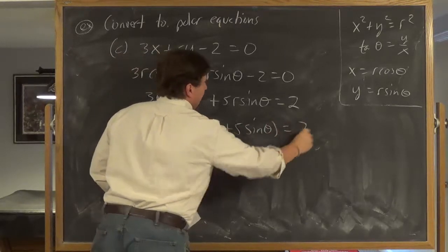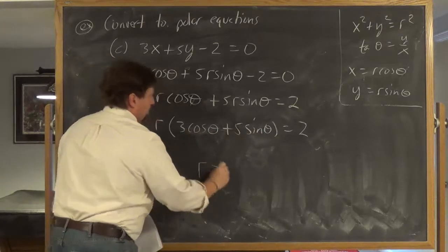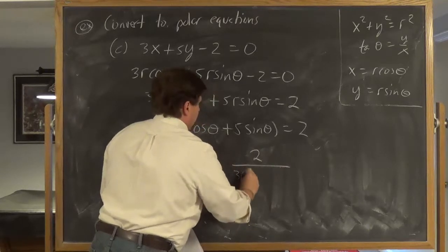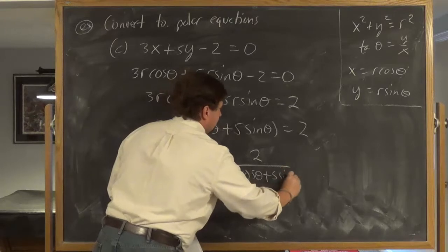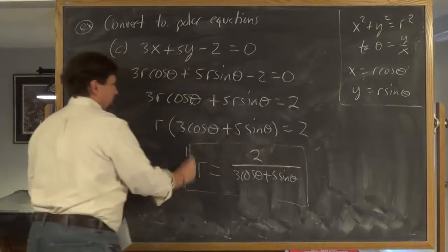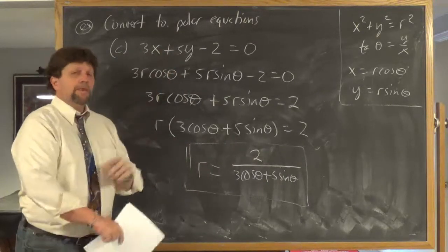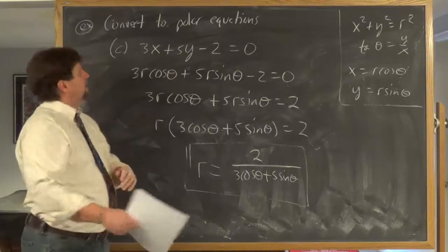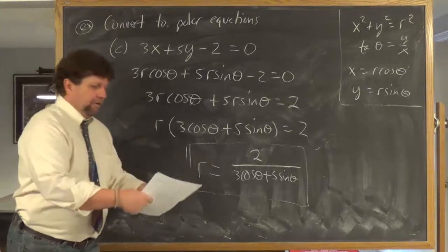And then once I factor out the r, I can divide both sides of the equation by 3 cosine theta plus 5 sine theta. And that's where I would stop. That's my polar equation that's the same as that rectangular equation. So there are 3 examples of how to take rectangular and convert them to polar.